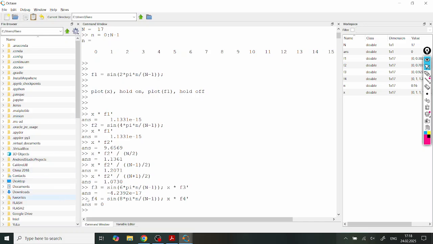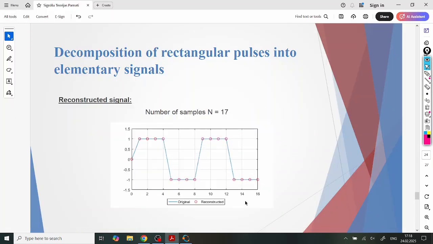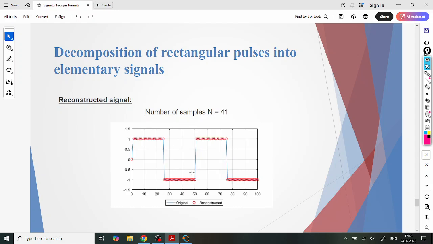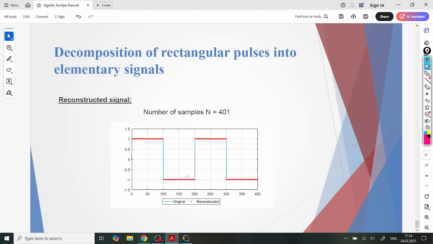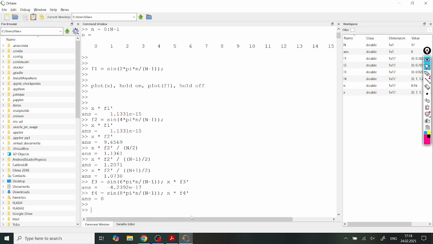Now this one is accurately 0, and so forth and so forth. Then if we reconstruct this signal from the components we have calculated, you would get these red points for different numbers of points. Now, before we finish, I wanted to also point out some more points.